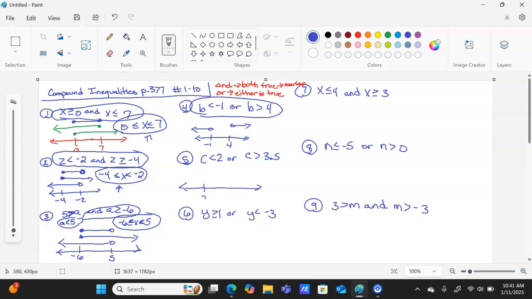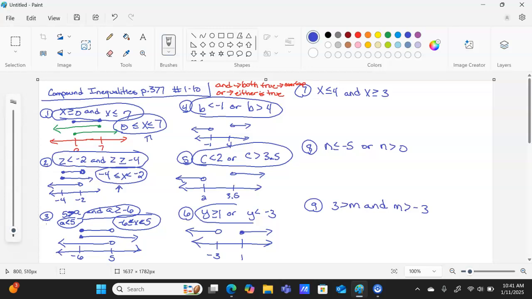C is less than 2, greater than 3.5. So it is simply this, because it's where either one of them is. -3 and 1. So it's greater than or equal to 1, less than -3. And again, it's where either one of them is. So it's the or situation.